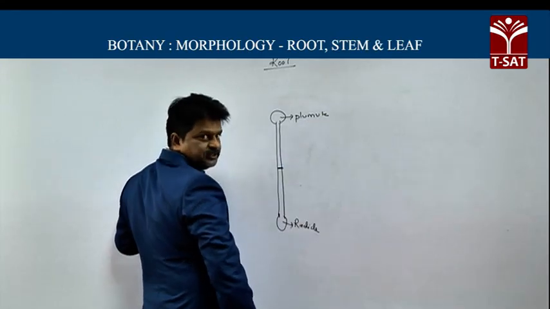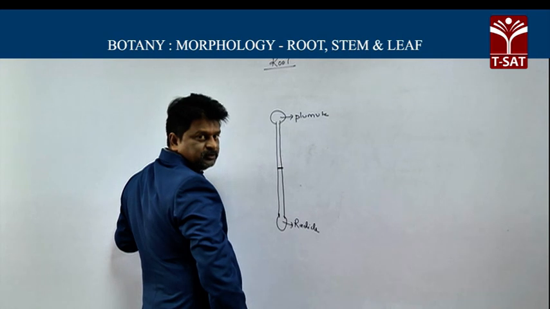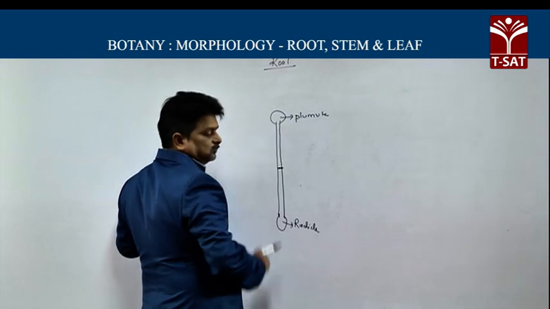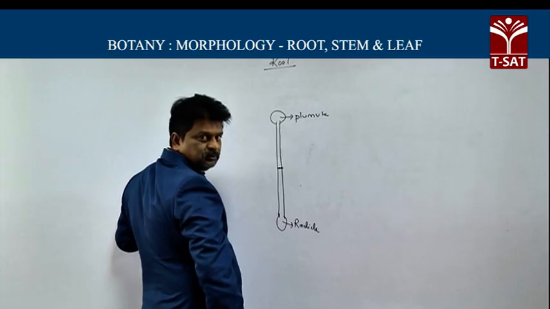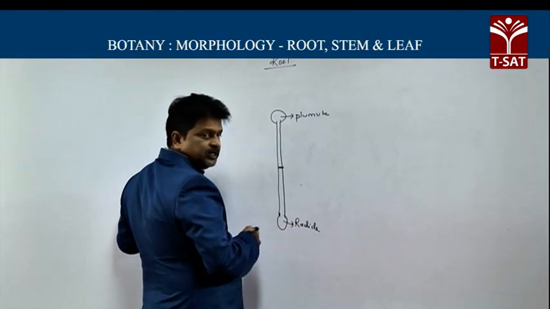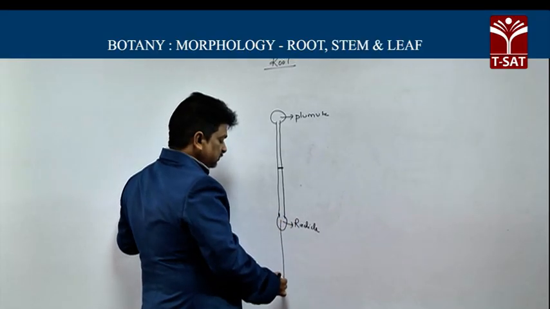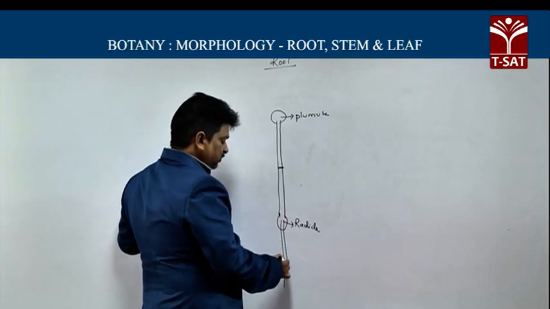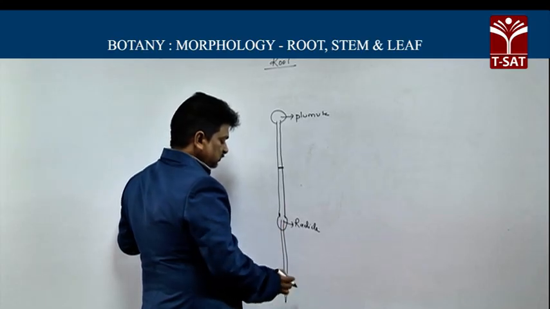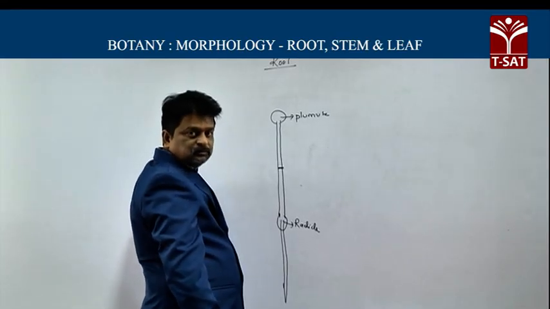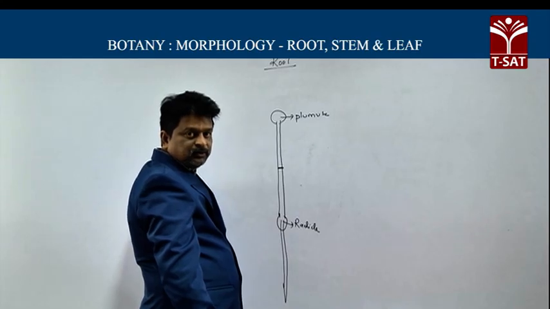So the embryonic axis develops two buds, the radical and the plumule. What does radical mean? The radical gives the root system. The radical is called the embryonic root. So the root system is developed from the radical.